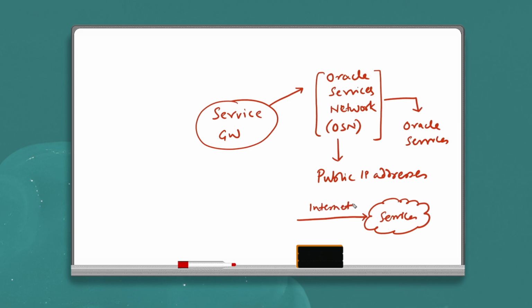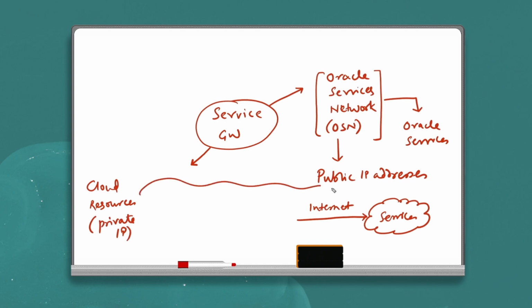However, if we leverage service gateway, then the cloud resources that don't have public IP, that means cloud resources, even with private IP addresses, can reach out to these Oracle services, and that communication is going to be private.